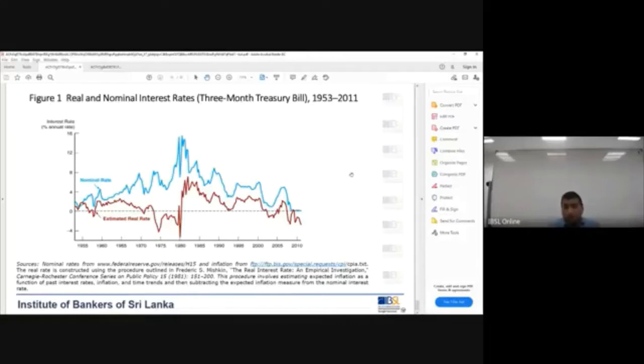This is US, but all around the world they have practiced a monetary easing arrangement, right? So expansionary monetary policy contributed to bringing the interest rates to almost zero floor. So the nominal interest rates are effectively closer to zero. And effectively, you are simply seeing real interest rate is negative in most of the cases.